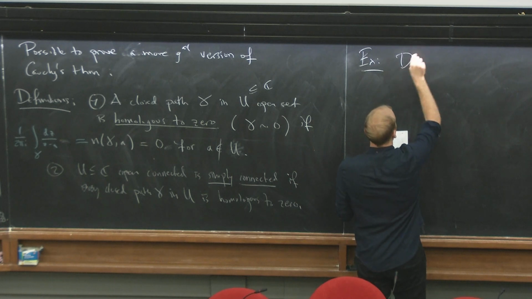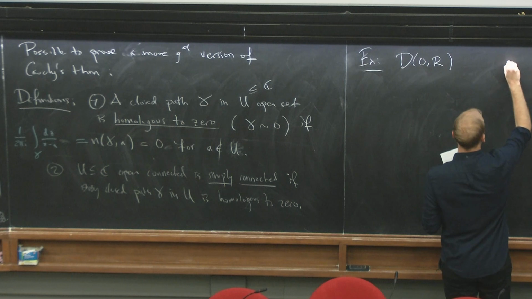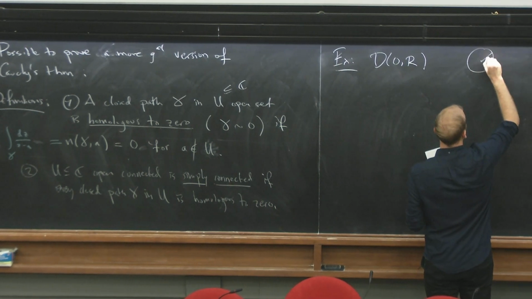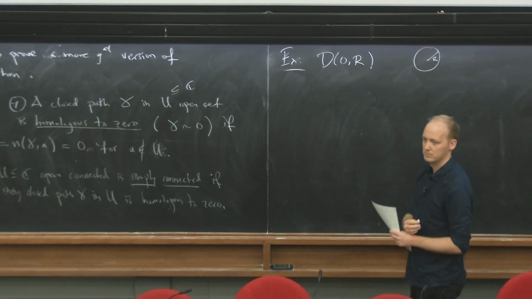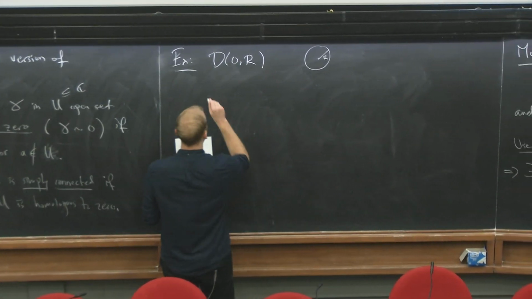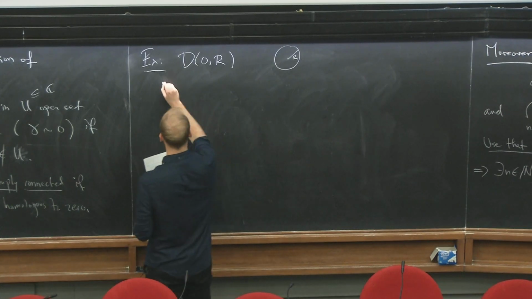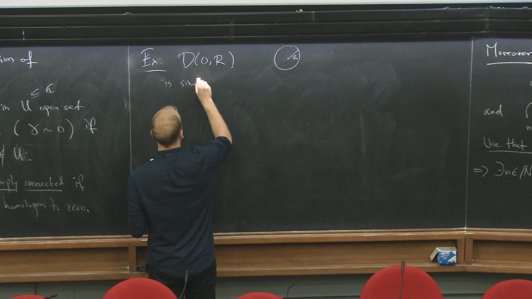So if you look at this, simply the disk of radius r in C. So it's an open connected set. So this one, is it simply connected? Well, yes, correct. So this one is simply connected, and why?